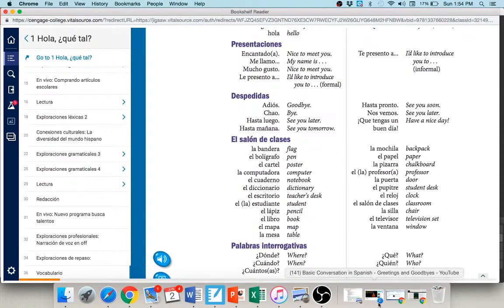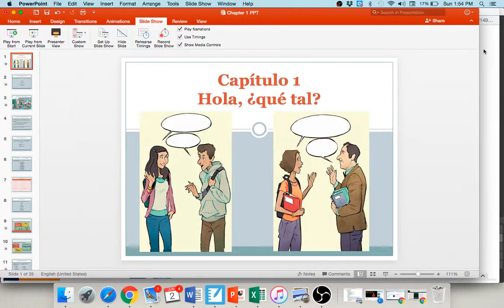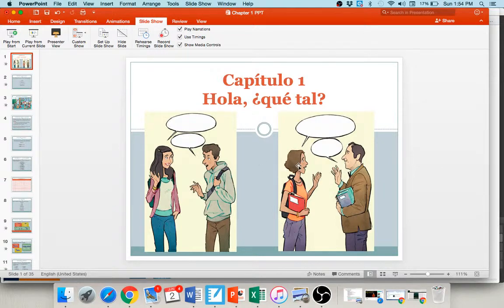As we go back to the PowerPoint, you can see a series of people here, and both of these young people look like estudiantes, like students. You have el estudiante, the male student here, and la estudiante, the female student over here. So with her little thought bubble, what do you think she might be saying to him?